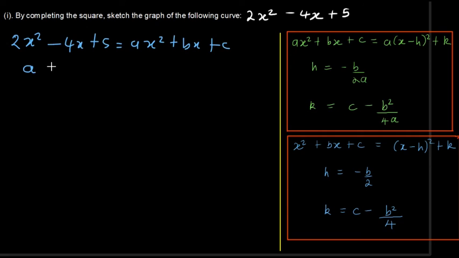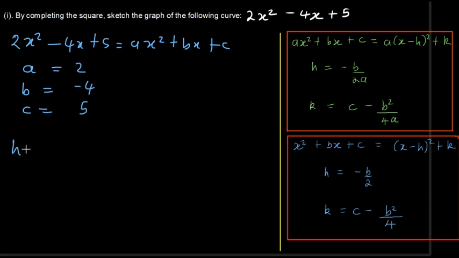Of course, a is 2. We just take the coefficients of terms of x with the same power. Now b is minus 4, and c is 5.